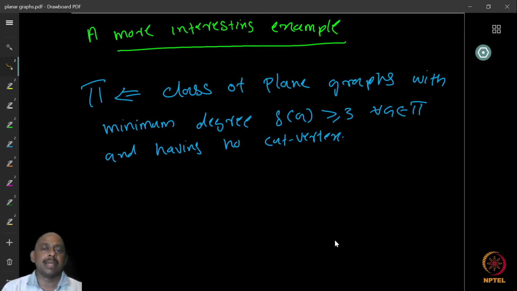Phi is a class of plane graphs with minimum degree at least 3. So every vertex has degree at least 3. And we assume that these graphs do not have cut vertices, just to make our argument simple. So we'll assume that we are looking at plane graphs where the minimum degree is 3 and which do not have any cut vertex. This is the class phi of graphs.